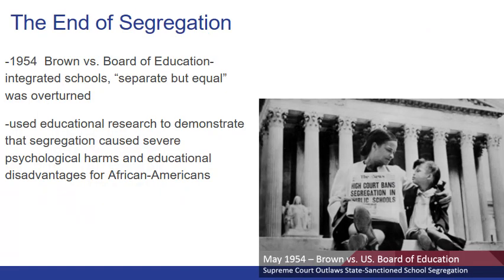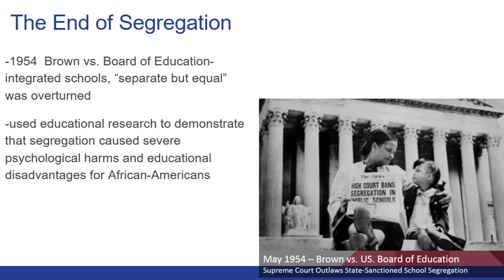In 1954, a groundbreaking Supreme Court case ended segregation. Brown versus Board of Education integrated schools and declared that separate but equal, the system that had supported segregation, was overturned.